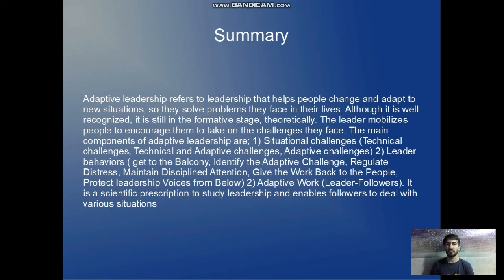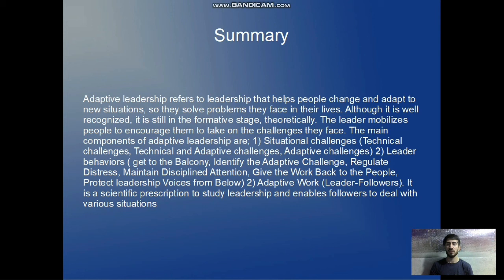The leaders mobilize people to encourage them to take on the challenges they face. The main components of adaptive leadership are the situational challenges, whether technical, adaptive, or both technical and adaptive, and the leader behavior.